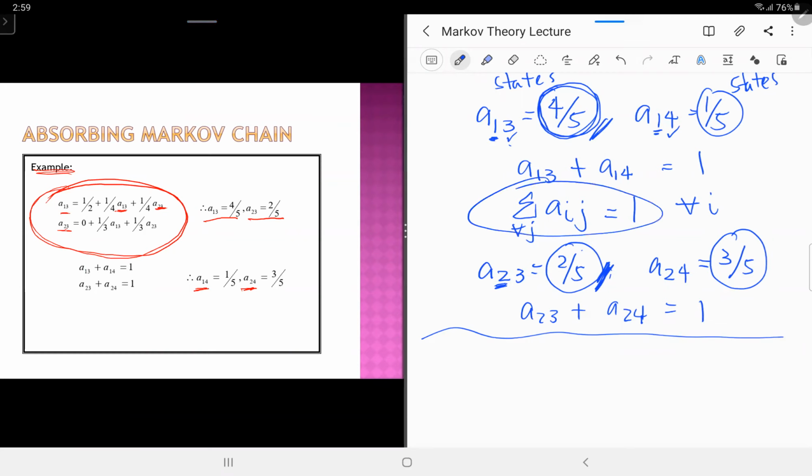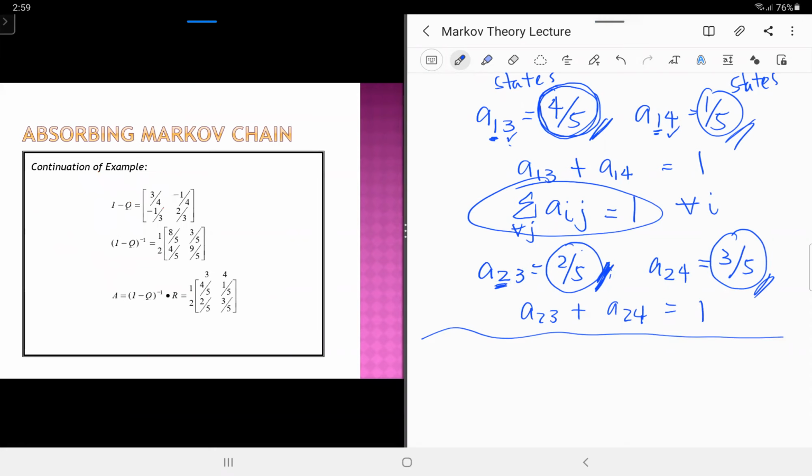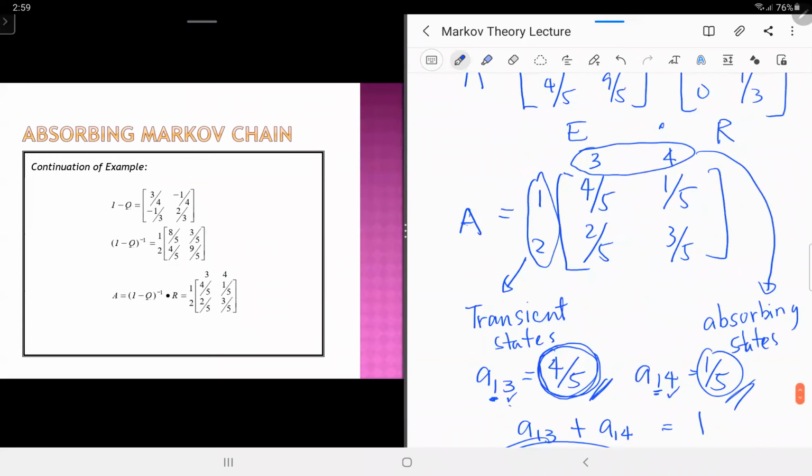And you will get the same 1 over 5 and 3 over 5 as your final answer. Right? So let's move. Okay, I think the slide also made use of the calculations that we had. So this one is the same as this one, right?